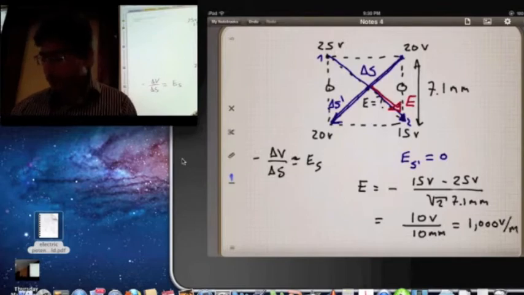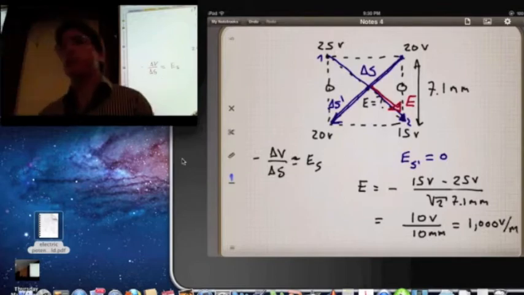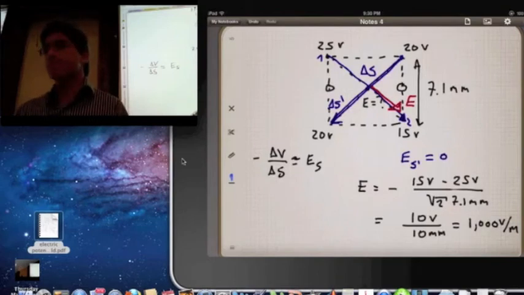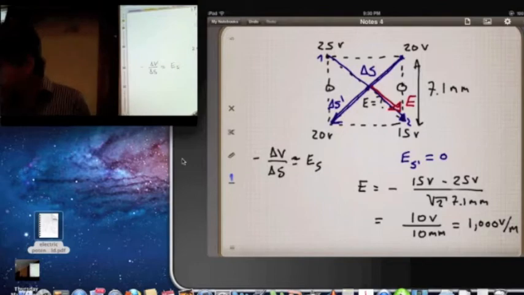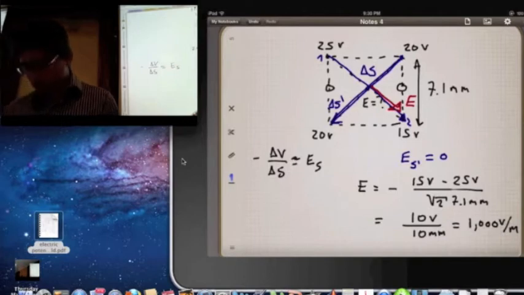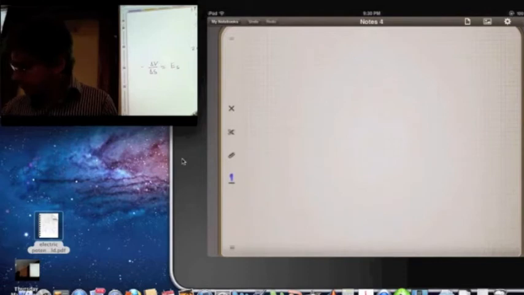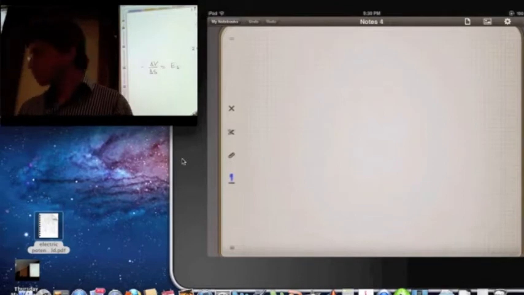That is the magnitude, and the direction we already figured out from the properties of the electric field. Okay? Any questions about that?